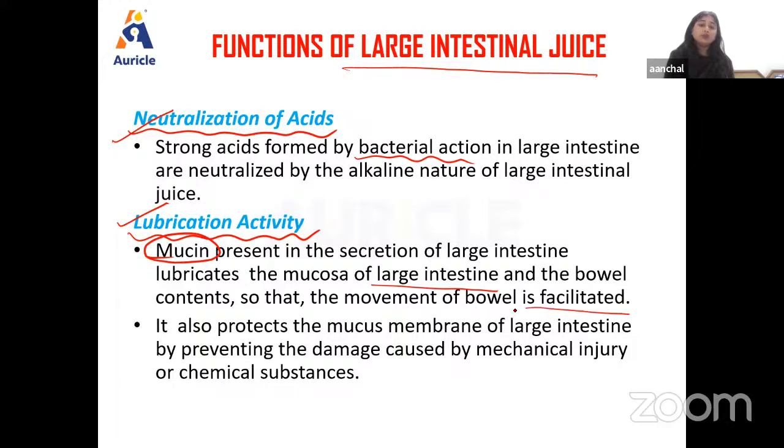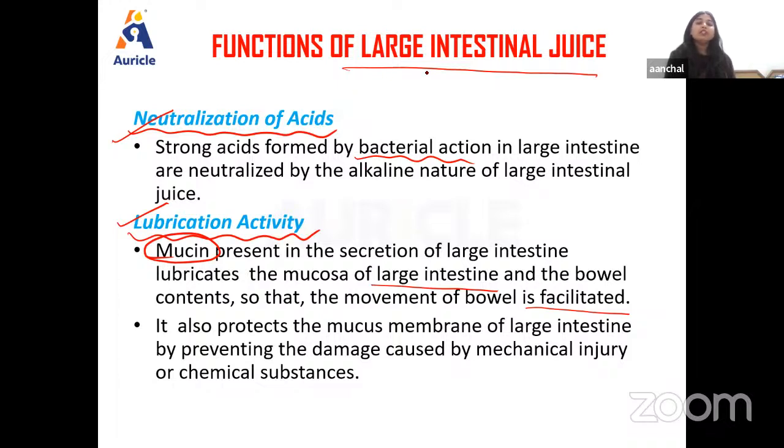Because of the presence of this mucin in the large intestinal juice, the bowel movement will be facilitated and will proceed in the anterograde direction, meaning in the forward direction inside the large intestine. And it also protects the mucous membrane of the large intestine by preventing the damage caused by mechanical injury or chemical substances.